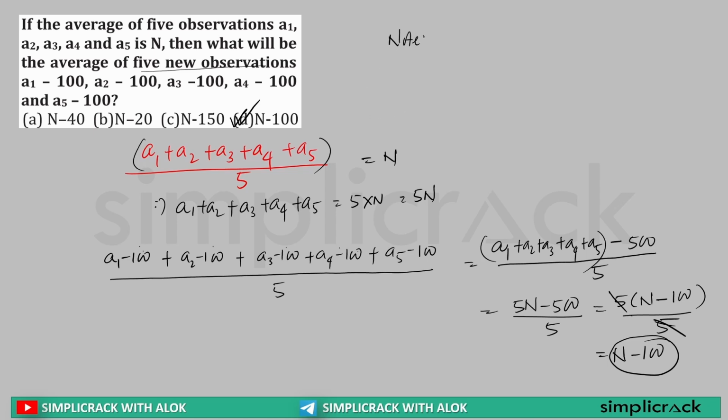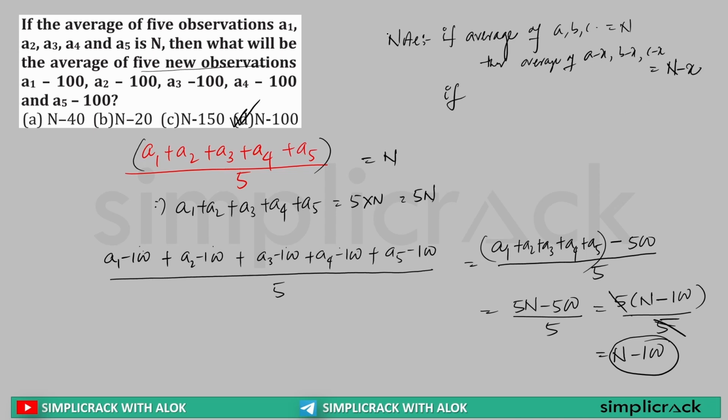Note down. Sir, if the average of A, B, C or whatever numbers is n, then the average of A minus x, B minus x, C minus x, and so on for 100 numbers, will be n minus x.